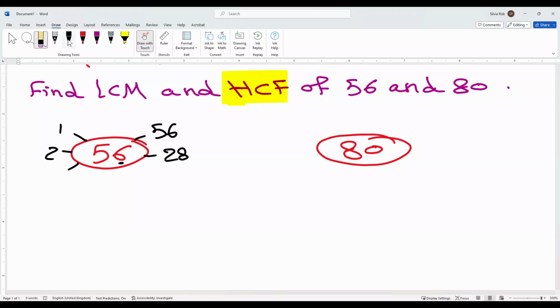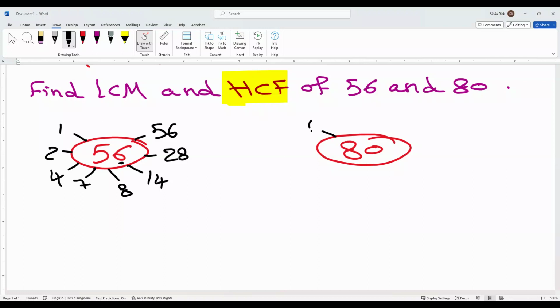Let's see, divided by 4, this equals 14. Divided by 5, no. Divided by 6, no. Divided by 7, 7 times 8. Now, these are all the factors of 56.